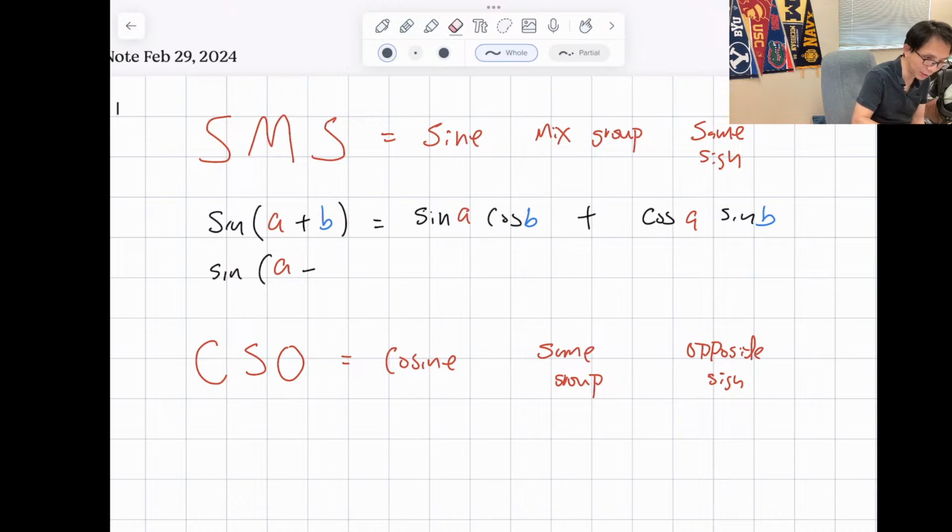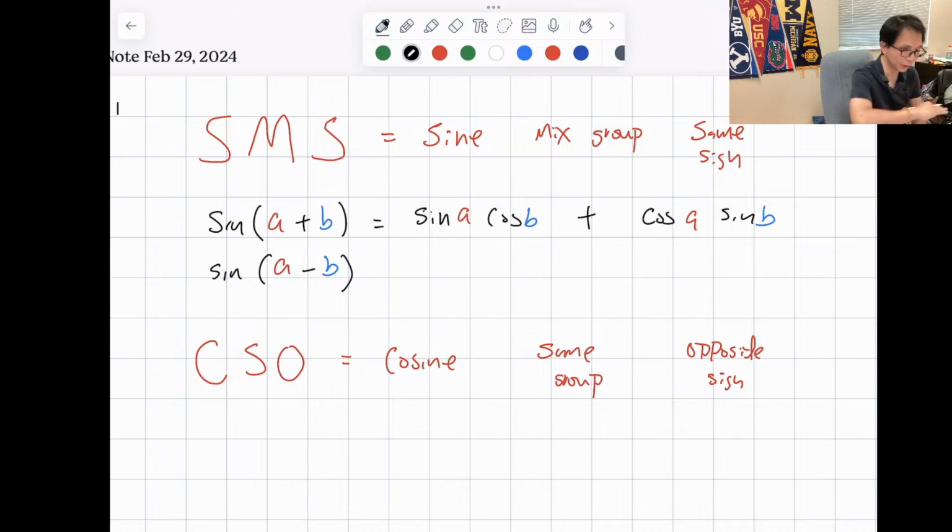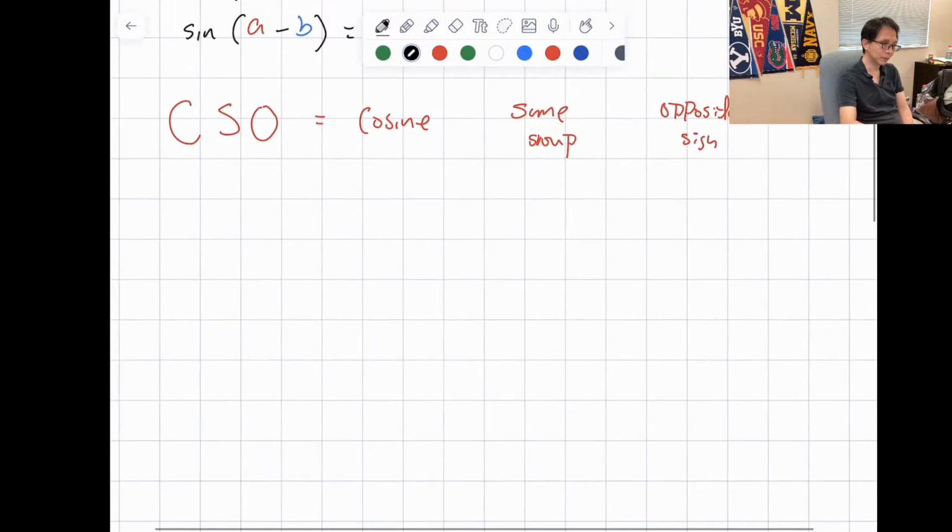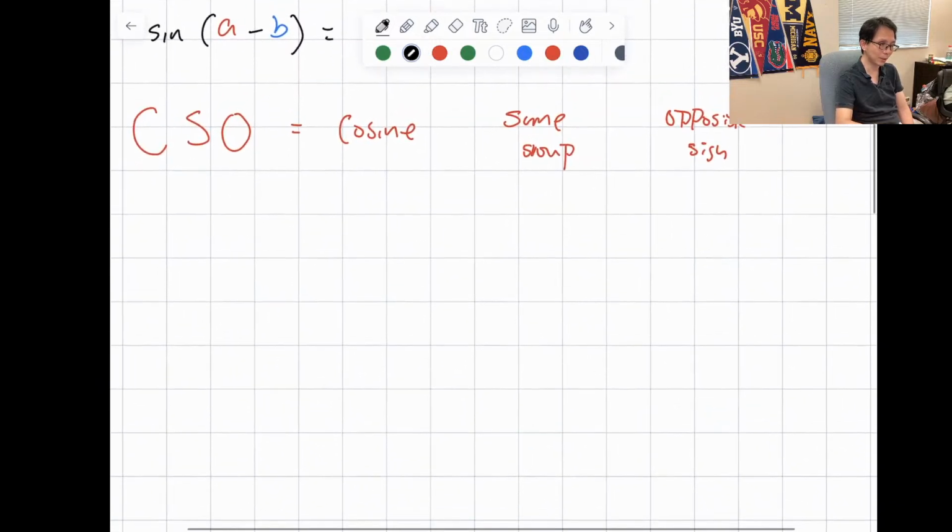Just cover your hand and try to do it with the acronym. See if you can write it out. Can you write down the identity of the sum and difference identity?